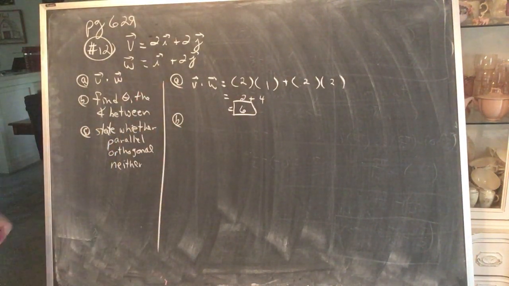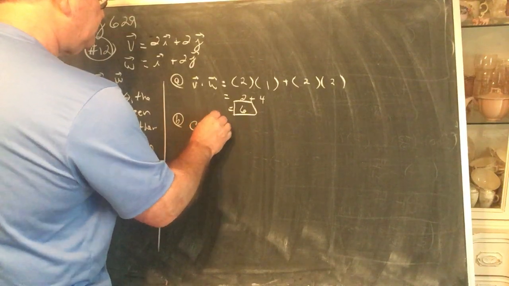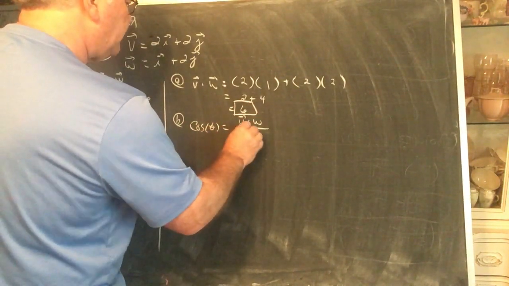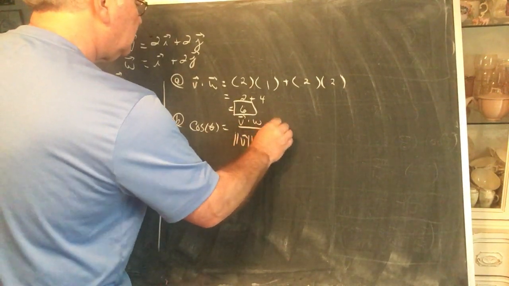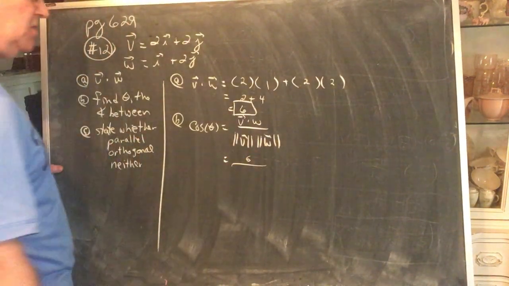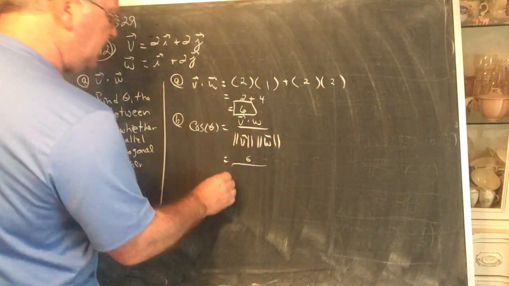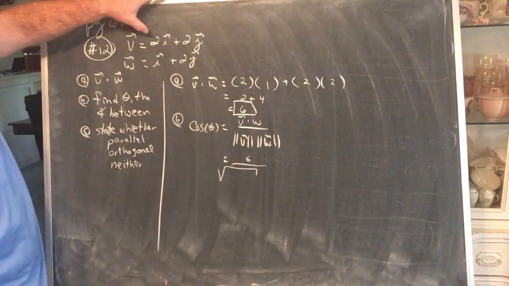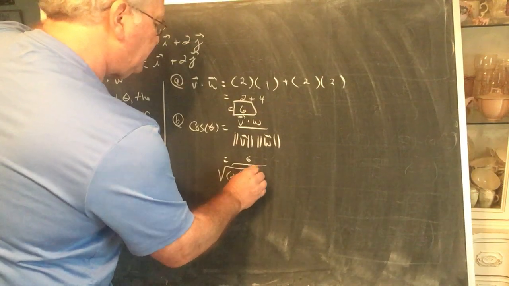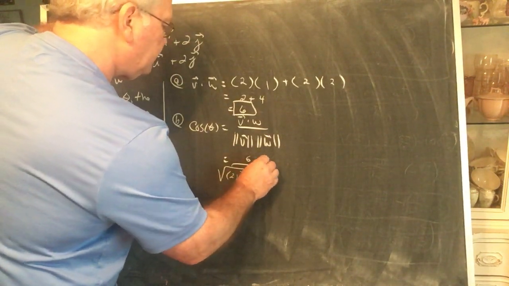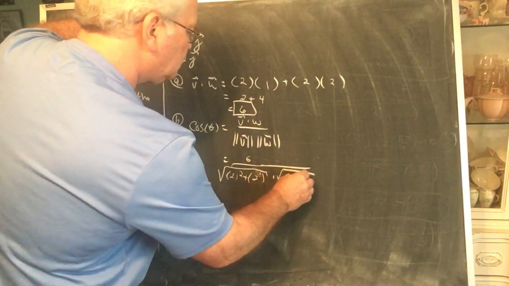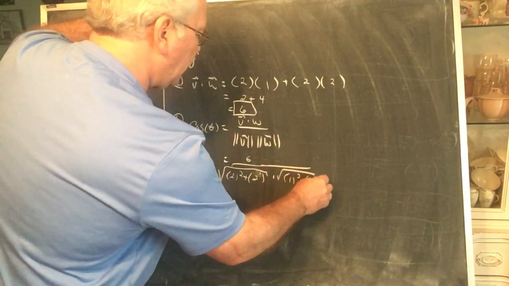B, find the angle between. Well, we know cosine theta is v dot w over the product of the magnitudes. We already have the numerator computed, so we know that's 6. And then we need the product of the magnitudes. So we need the magnitude of v, which is the square root of 2 squared plus 2 squared, times the magnitude of w, 1 squared plus 2 squared.